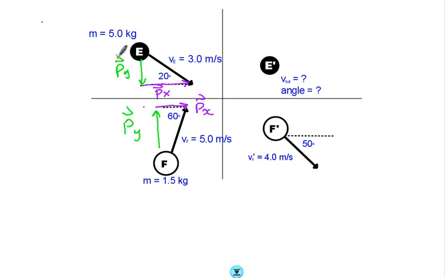Now, to go through and find, let's say, our x components first, in this triangle here I've got 20 degrees, and next to that is the side that I'm looking for. So I'm going to use the cosine ratio.